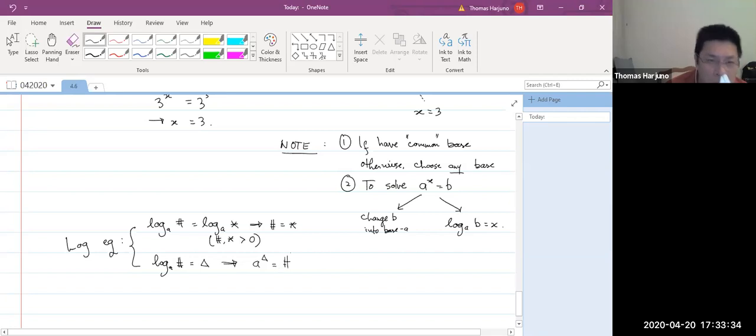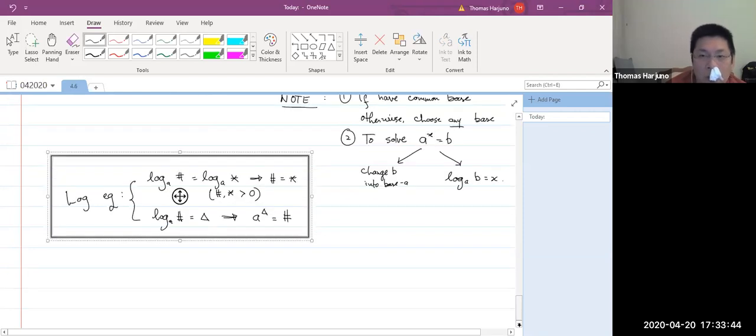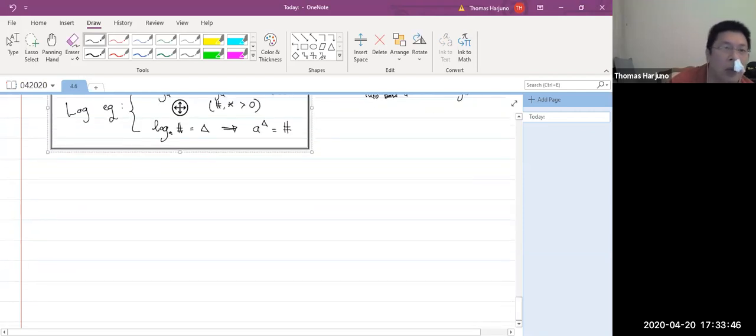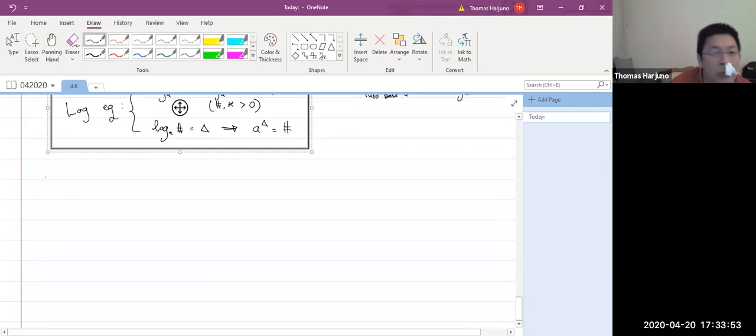And then from there we solve further. Now that's the plan for log equation. Of course, in between, we will apply these properties and that property.